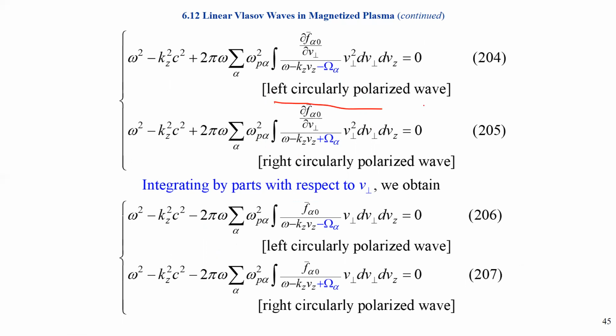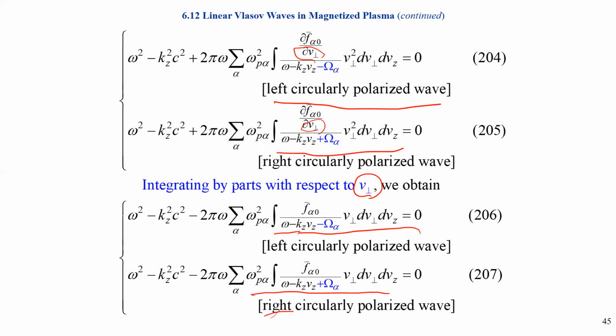That's left-hand circularly polarized. That's right-hand circularly polarized. Integrating by parts with respect to v perpendicular, eventually we got these terms. Okay. We got this term for the left hand, and for the right hand, we have another one.